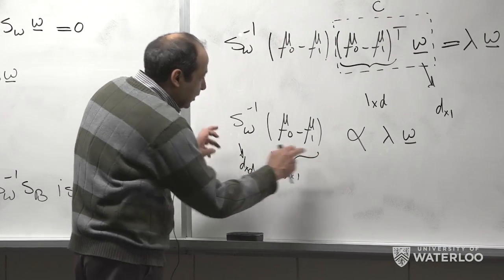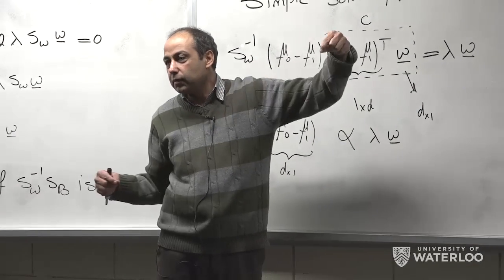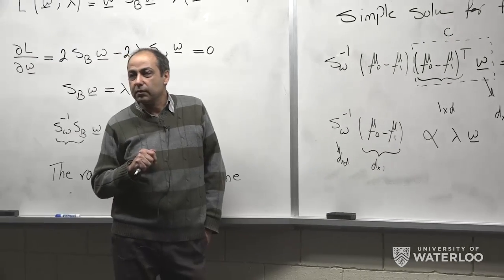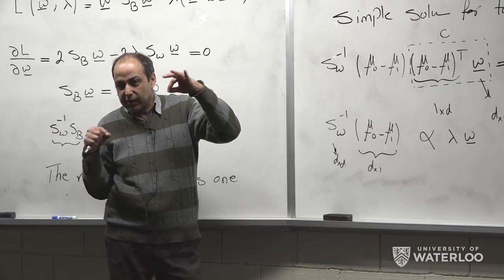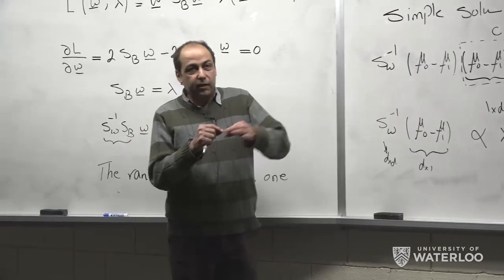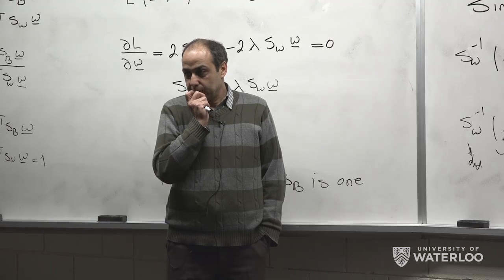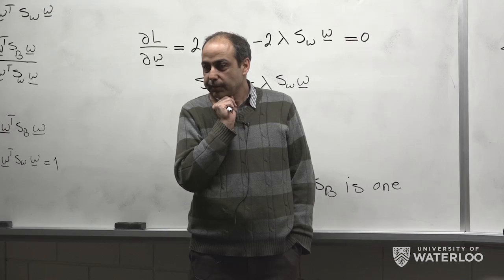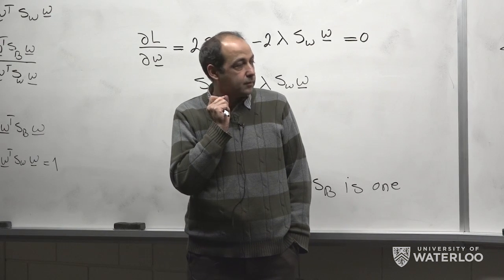So this is a d by 1 vector. So this is the direction of vector W. And I don't care about the scale of W, which is the eigenvector of this matrix. The direction can be computed this way. Okay, any question?